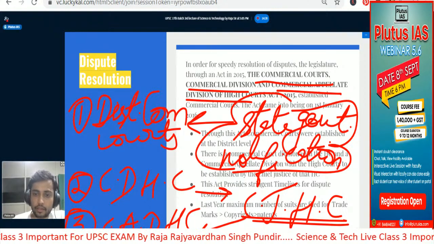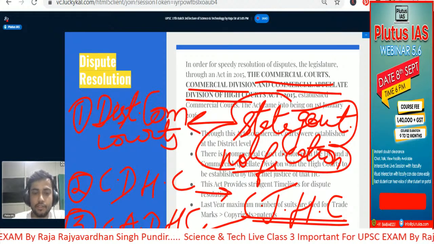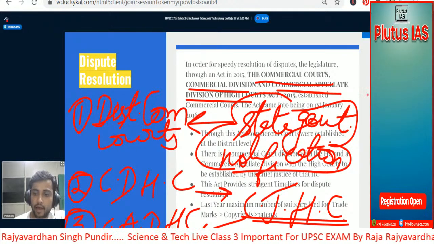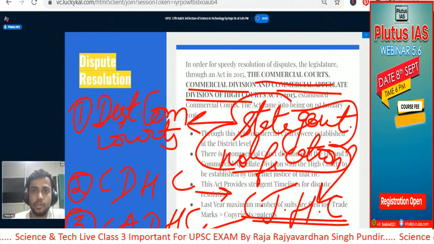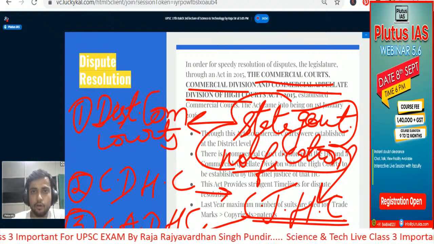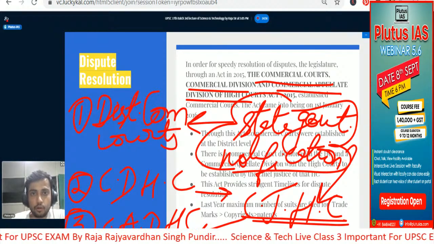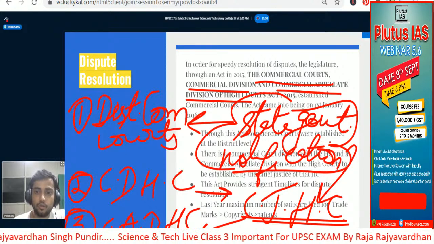And there is one more thing. When the state government establishes the district court, it has to consult the Chief Justice of the High Court concerned. The opinion of the Chief Justice of the state High Court will also be taken while establishing the district courts.